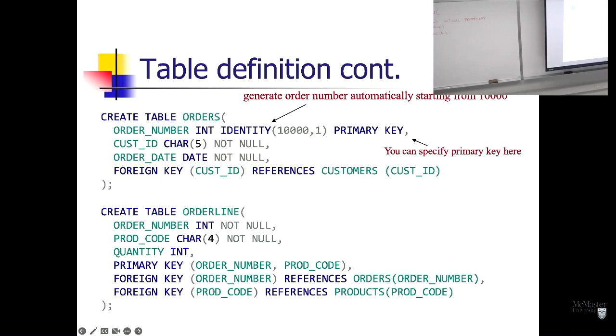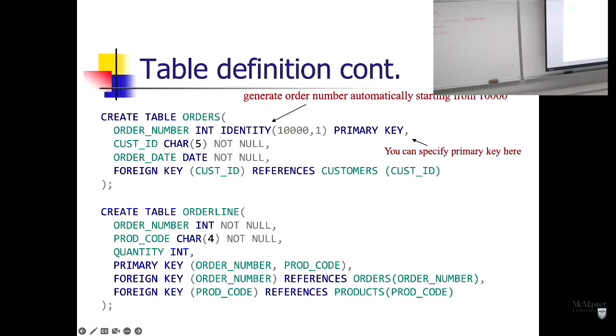Sorry, I have to move this. So here we have the order table and the customer table, and customer ID, which is the primary key here.